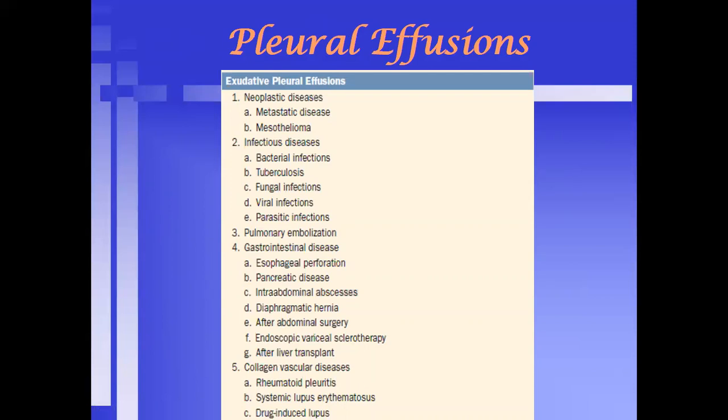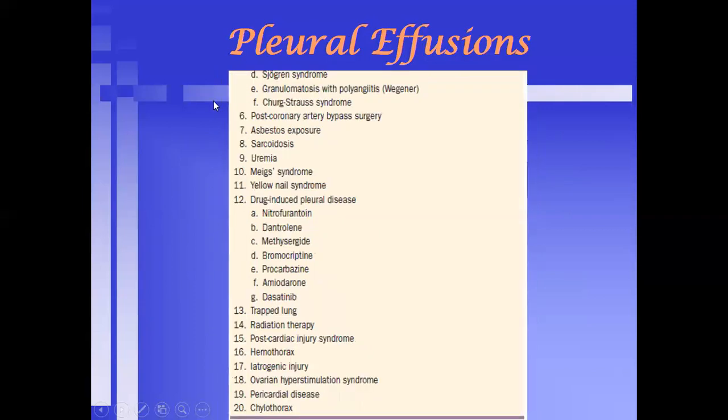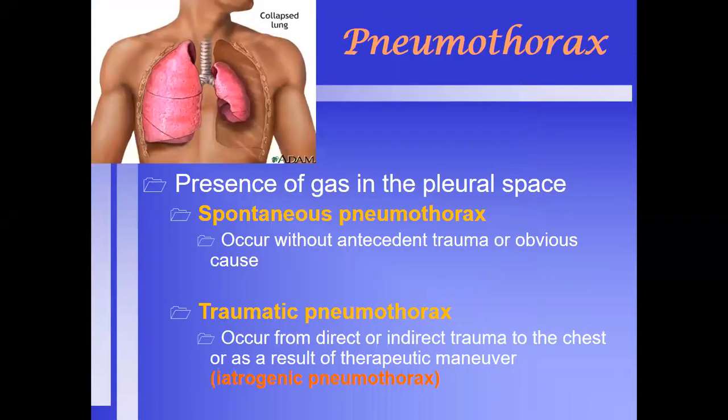They have inflammation. So neoplastic diseases, infectious diseases, your PE can either be exudative or transudative, your GI disease, collagen vascular disease, post-bypass, and other conditions that cause inflammation and therefore localized increase in your pleural fluid formation. Okay, so that is all for the pleural effusion.